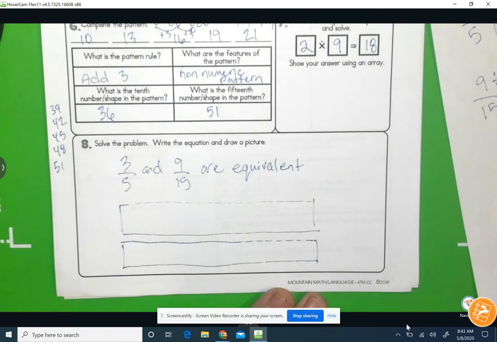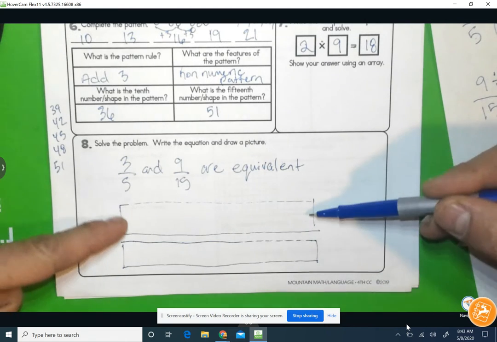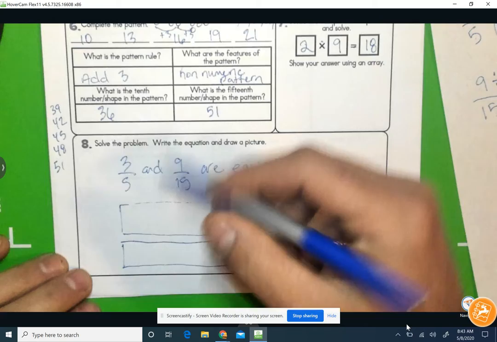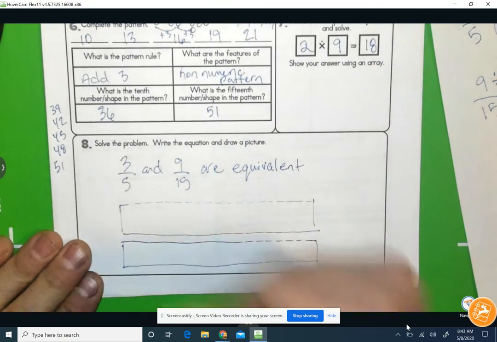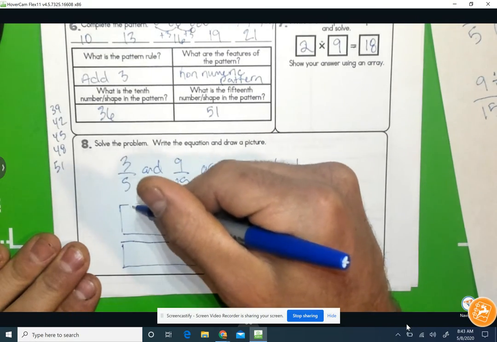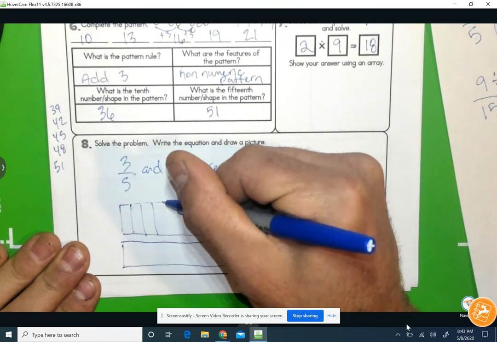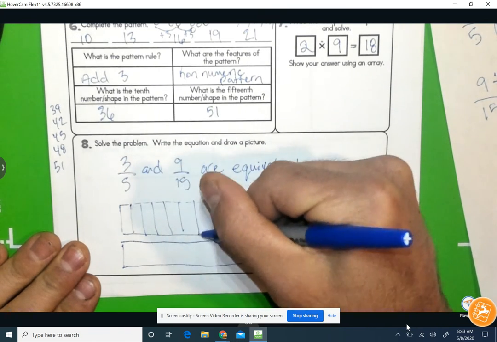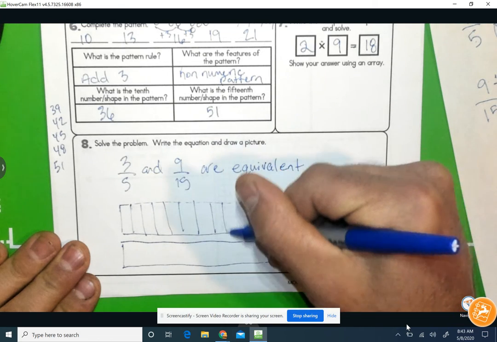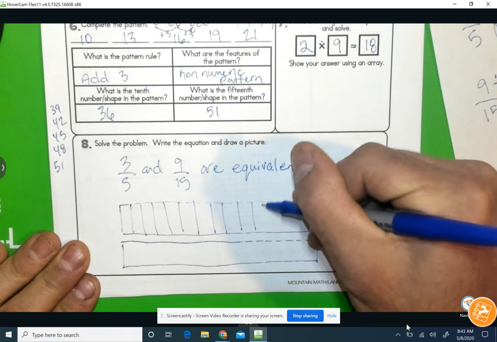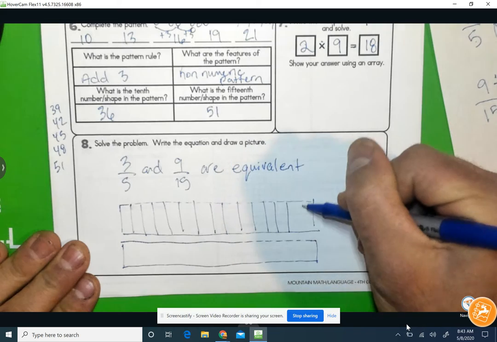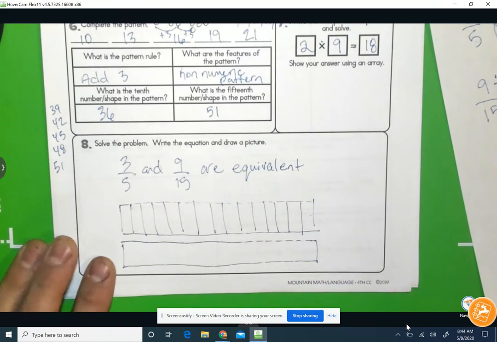Sarah. So Meg ate 9/15. So this granola bar needs to be broken up into 15 pieces because she ate 9 out of 15 of them. Okay, so we're going to try to squeeze in 15 bits. 1, 2, 3, 4, 5, 6, 7, 8, 9, 10, 11, 12, 13, 14, and 15.